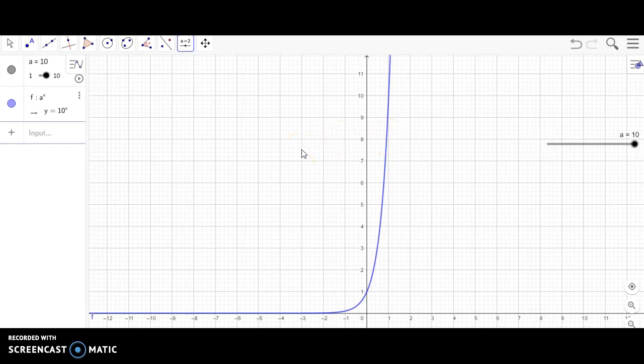So now that we saw how these functions look, let's see if we can write down some of the properties that they have. We are in the case a greater than 1, and we are looking at functions of the form a to the power of x. And we just saw in the picture that these functions look something like this.